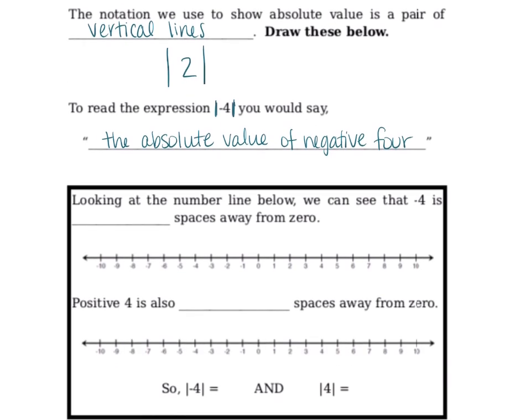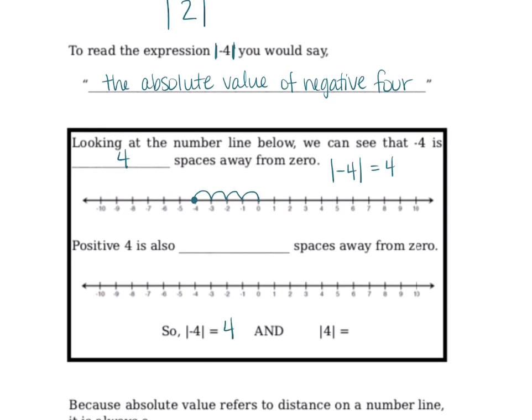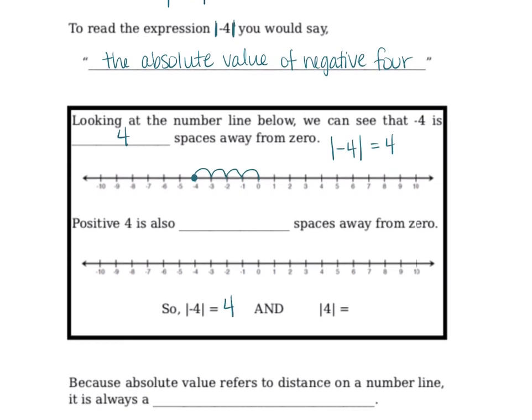All right, so we're going to do a couple examples. Looking at the number line below, we can see that if we plot -4, it is 1, 2, 3, 4 spaces away from 0. So that means that the absolute value of -4 is equal to 4. It's also down here on the bottom. +4 is also 1, 2, 3, 4 spaces away from 0.